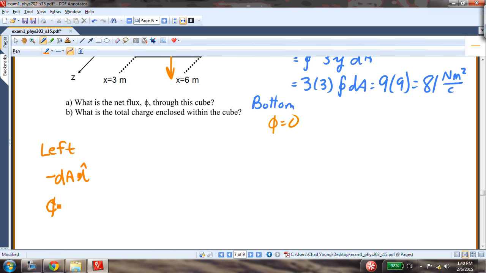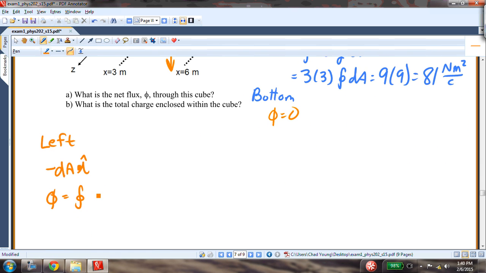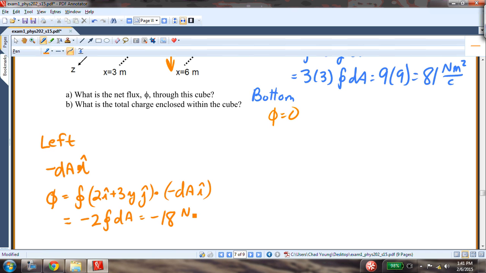If I'm finding my flux, then it's going to be the integral of E, which is, what was E? 2i plus 3y j, dotted with negative dA i. All right, so that's going to be negative 2 integral of dA, which is negative 2 times 9, or negative 18 newton meters squared per coulomb. Okay, that's the left face.